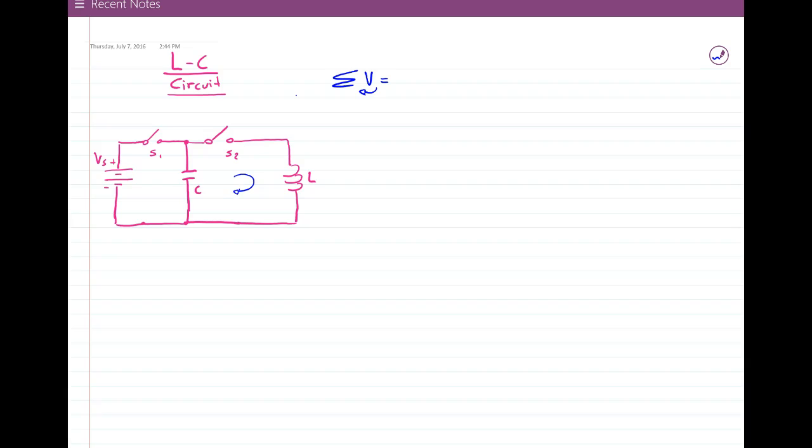We've got Q over C, that's the voltage across the capacitor, right? And then minus L dI/dt. And that equals 0.